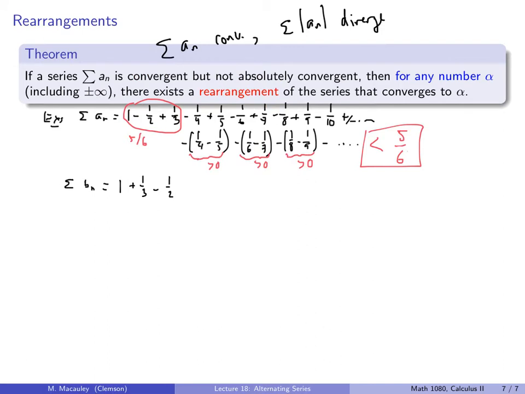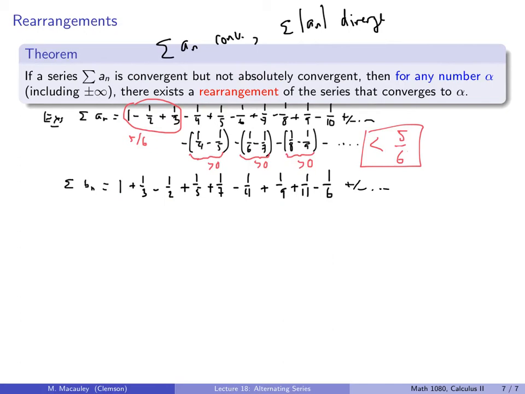So the next two positive terms are plus 1/5 plus 1/7 minus 1/4, plus 1/9 plus 1/11 minus 1/6. So you see what I'm doing? I'm adding up 2 positive, 1 negative, 2 positive, 1 negative, 2 positive, 1 negative, etc.